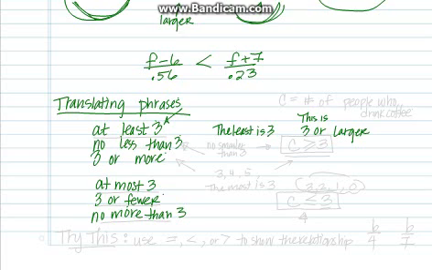Let's say that C is equal to the number of people who drink coffee. So if I say at least 3 people drink coffee, you're telling me then that the number of people who drink coffee is 3 or larger. So we can write C is greater than or equal to 3.